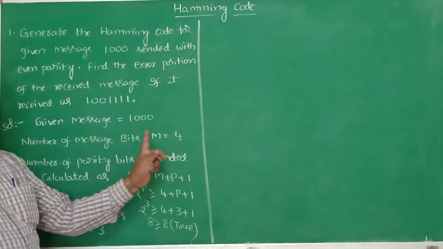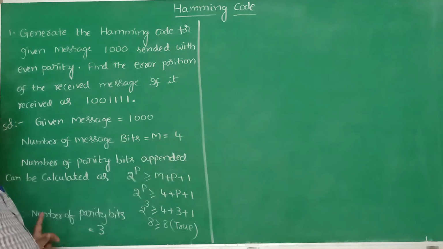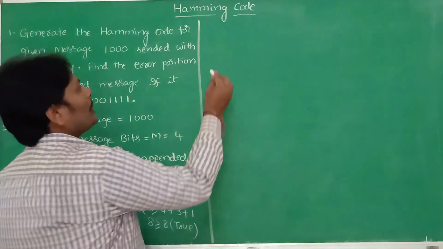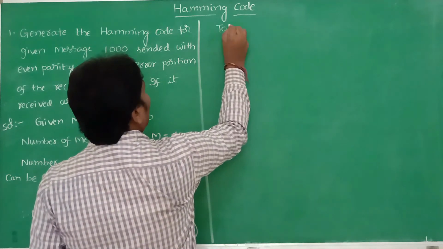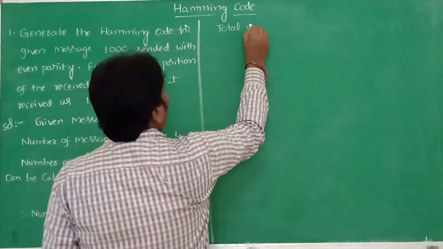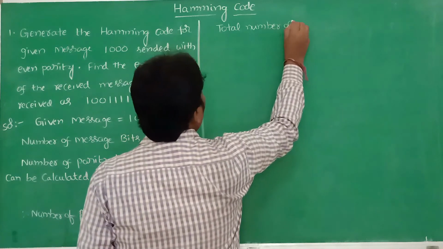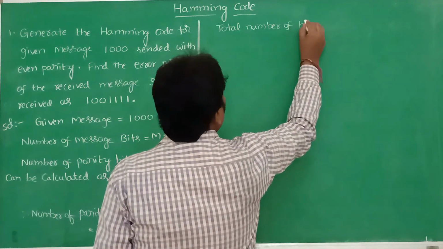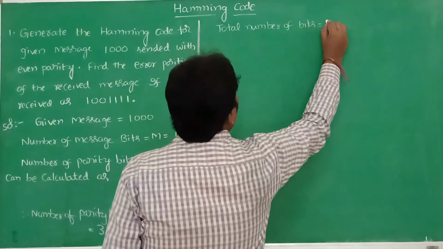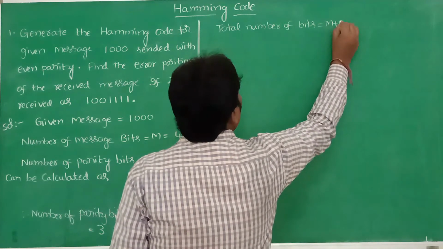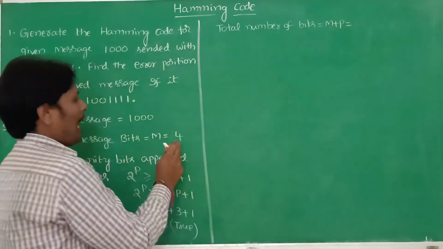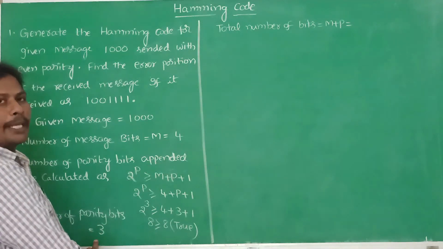So the number of message bits is 4 and the number of parity bits is 3. Therefore, the total number of bits of the given message is equal to m plus p. Now the m value is 4, the p value is 3.